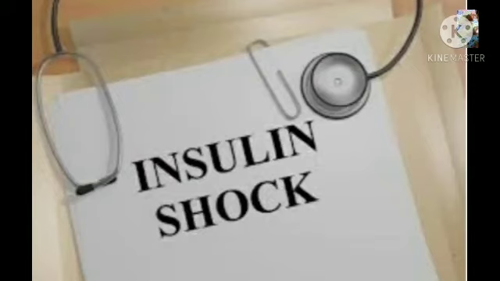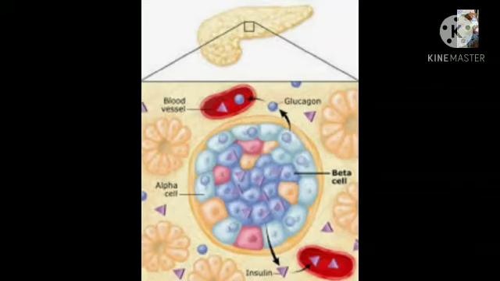The patient may become unconscious, which is called insulin shock or hypoglycemia. Glucagon. Function: it stimulates the breakdown of glycogen in the liver to glucose, thereby raising the sugar level in the blood. Somatostatin. Function: it inhibits secretion of insulin and glucagon.